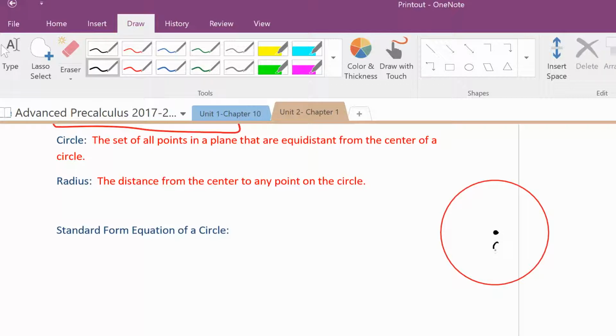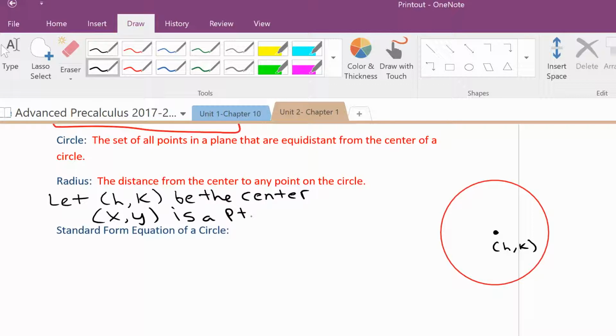So the center, we're going to call H and K. The center of the circle is HK. XY is a point on the circle. So let XY be right here. And then there's the radius. So R is equal to the radius.